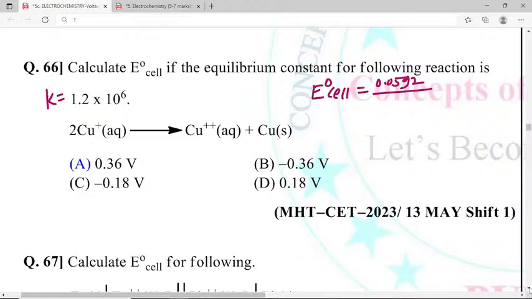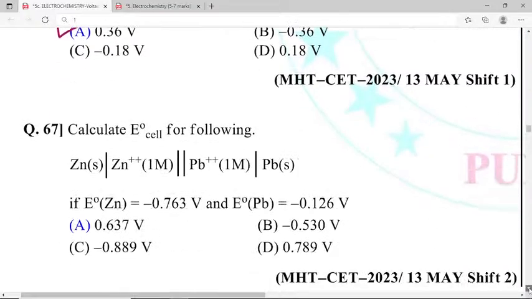Cu gives Cu2 plus, so this is only 1, into log to the base 10 of K. What is the K value? 1.2. So solve this, we'll get the answer 0.36 volt. Substitute the value of the equilibrium constant, 1.2 into 10 to the power 6. Then shift the point, we'll get the answer.